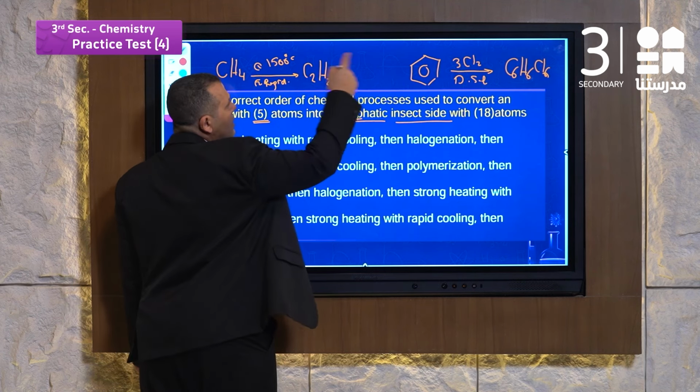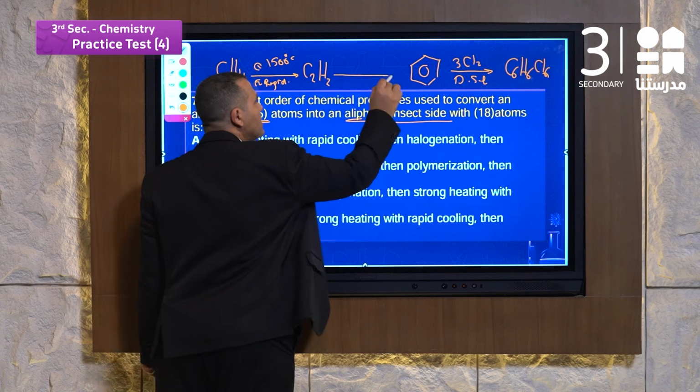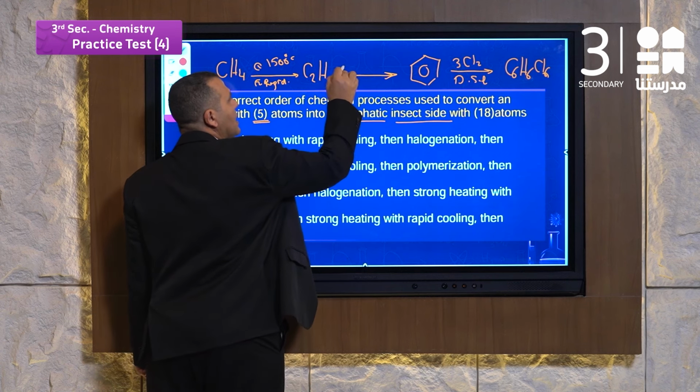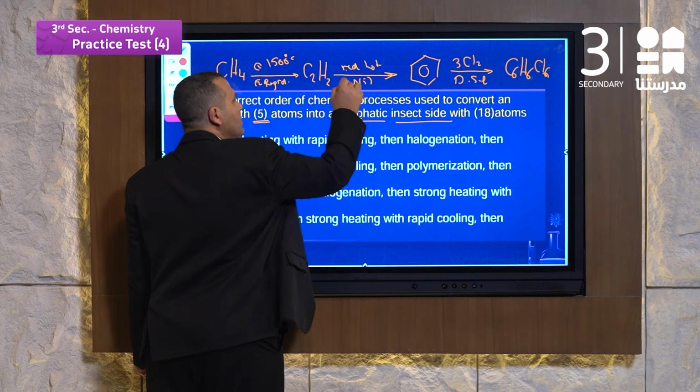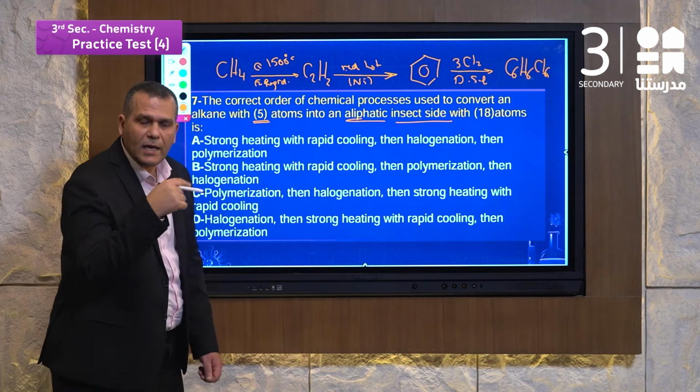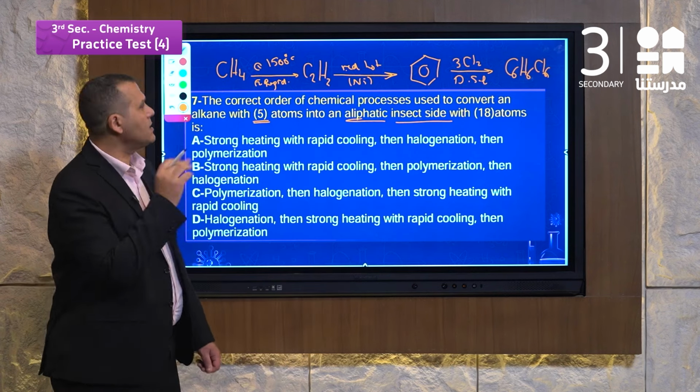How to convert ethyne to benzene? By passing ethyne gas in a red hot nickel tube, which is cyclic polymerization or trimerization.